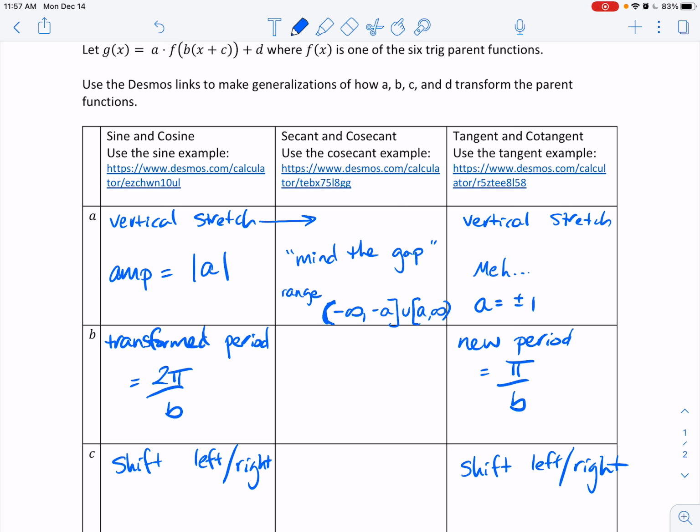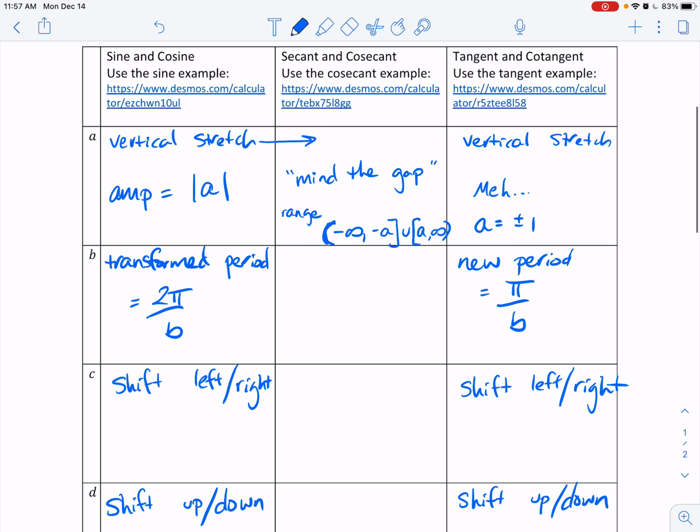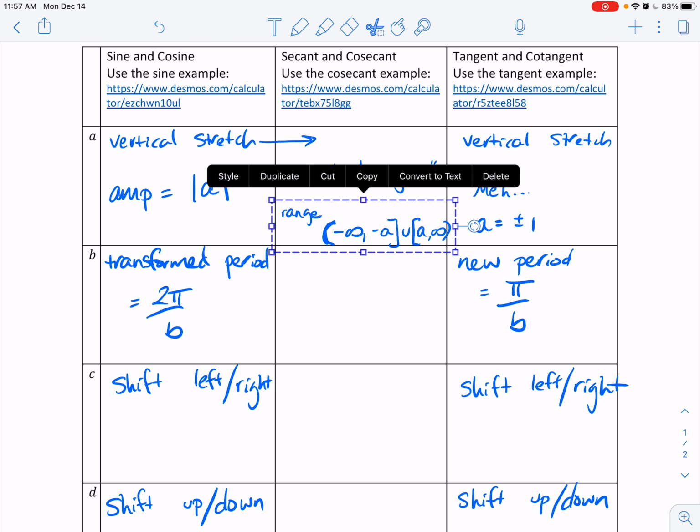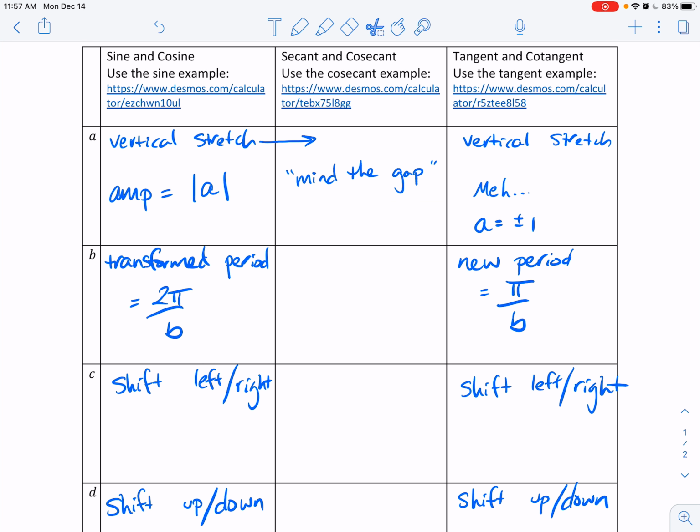But I don't know that I want to write that every time, because if I have a shift up or down, then that's going to change my range. So I don't want to write that down. But it's true if all you do is stretch it.